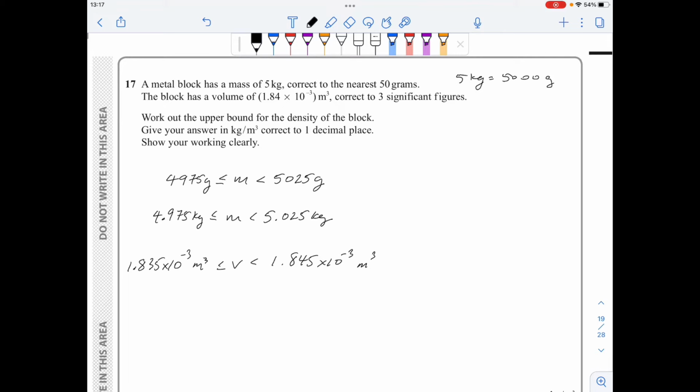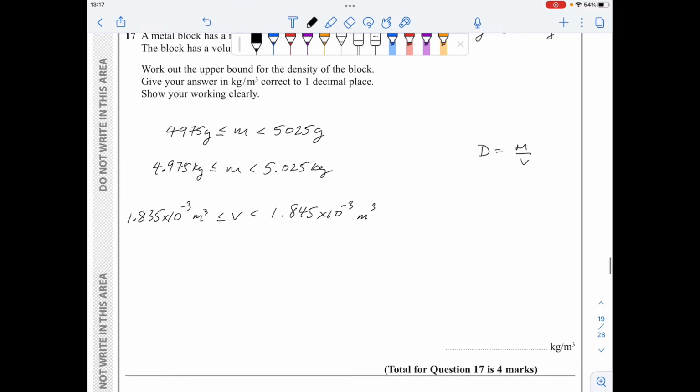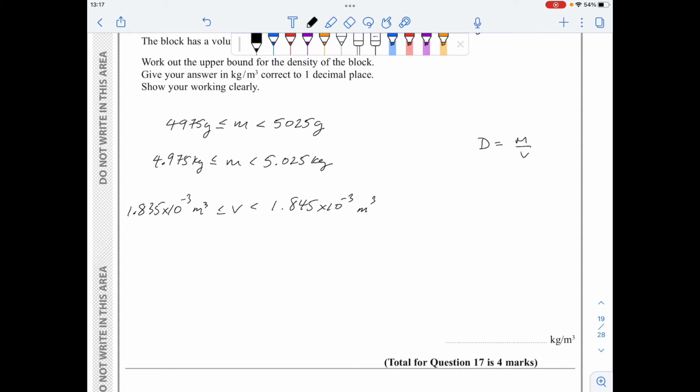Now to find the density, recall that density is equal to mass over volume, and since I need the upper bound of the density, I will need to divide the upper bound for the mass by the lower bound of the volume.